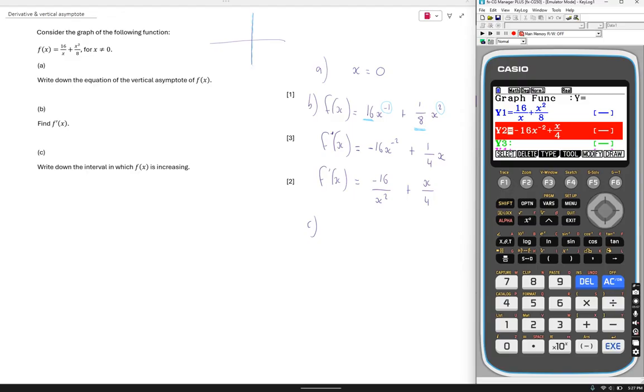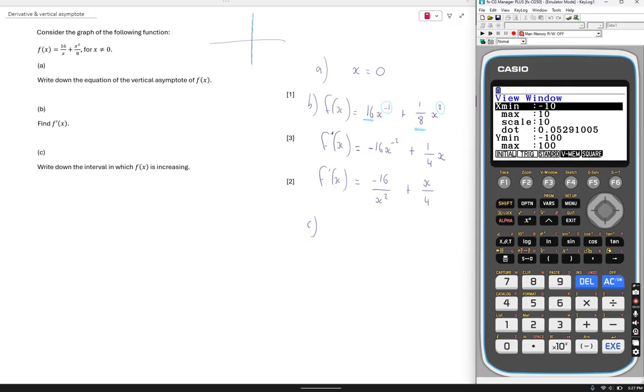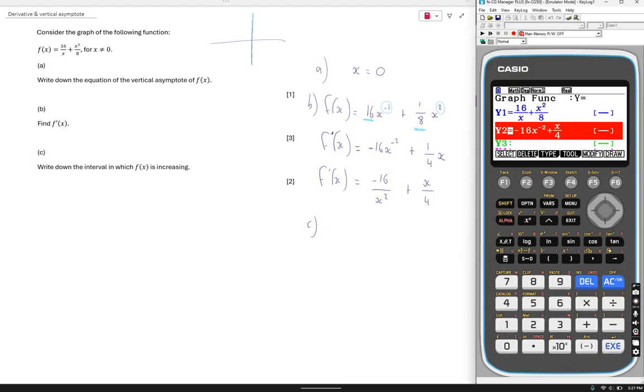I'm going to select it and draw it, and you can see the view window isn't great, so I'm going to change the view window. I'm going to just put negative 10 to positive 10 and see if that works. Exit, draw.